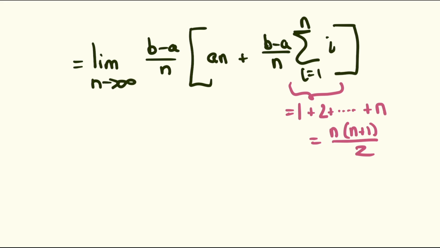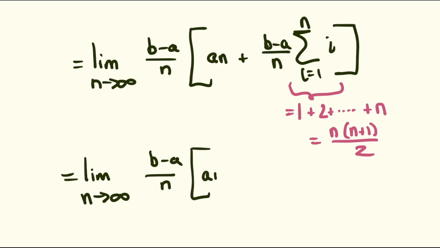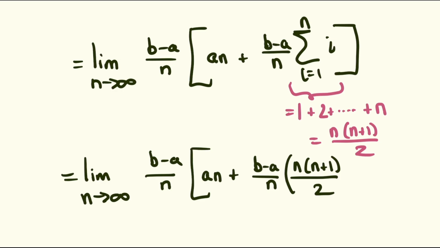Rewriting everything, we end up with the limit as n goes to infinity of (b − a)/n times [a·n plus (b − a)/n times n(n + 1)/2].